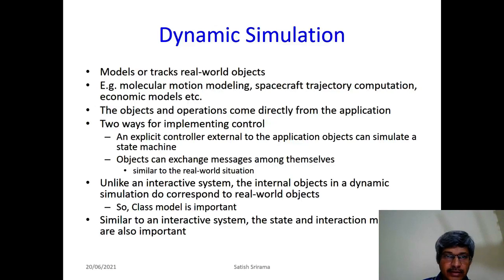At the same time, since all these simulation objects are interacting and passing messages, similar to an interactive model, the state model and interaction model are also important here. This is a type of application for which all three models, class model, state model, and interaction model, are critical.